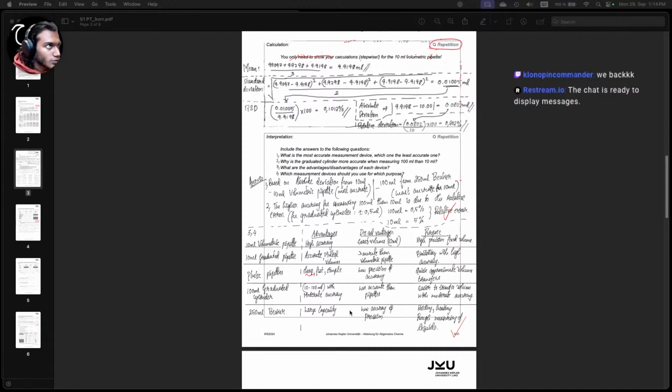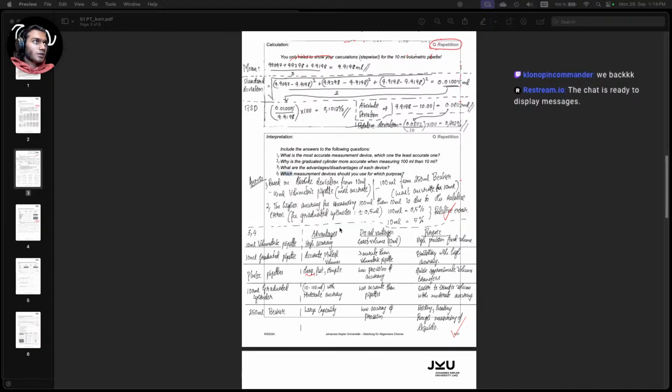Based on absolute deviation, the 10 milliliter volumetric pipette is the most accurate, while the 250 milliliter beaker is the least accurate. Higher accuracy for measuring 100 milliliters than 10 milliliters is due to the relative error.